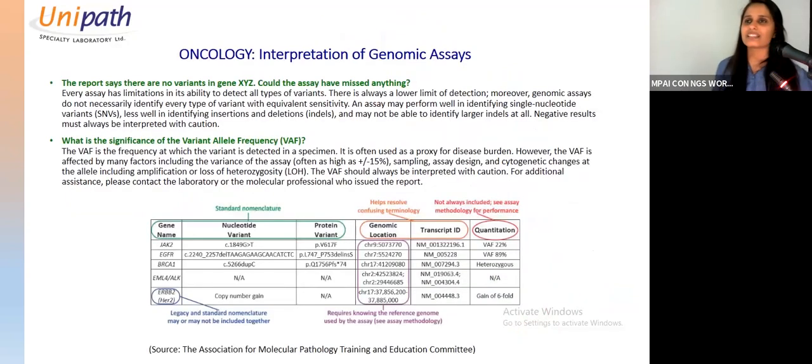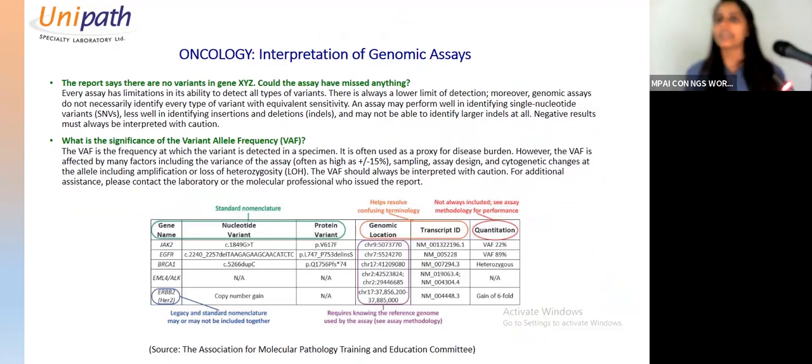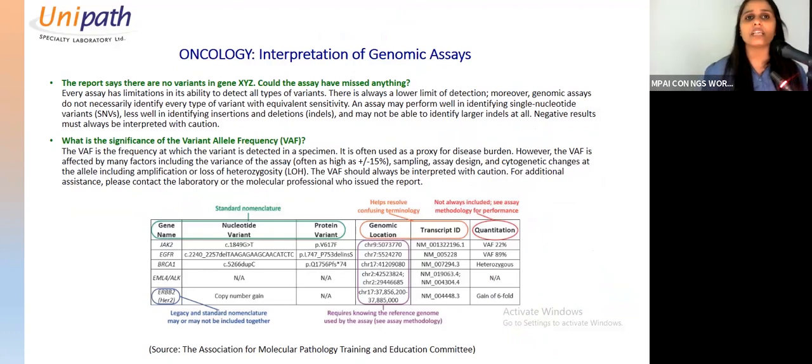Now, a few questions, just like when you get a report from any company and it's negative. So the first thing that you need to check is whether the gene which you have given is covered by the assay. Is that gene a part of the data? If yes, then how sensitive is that assay? Is it sensitive enough to capture the long deletions and insertions, which are the main problem causing that particular disease?